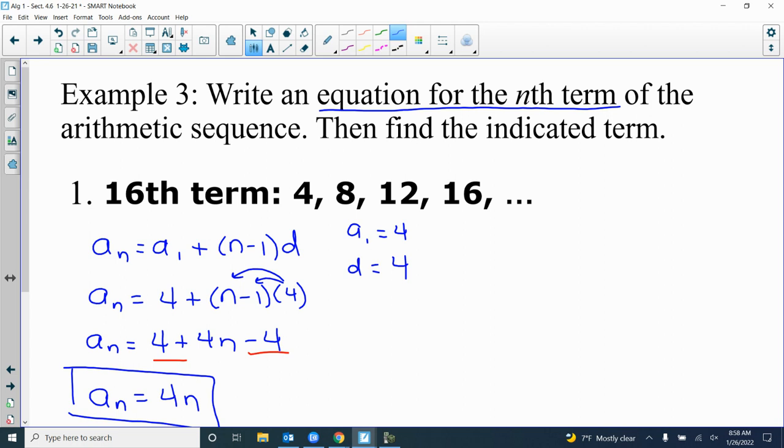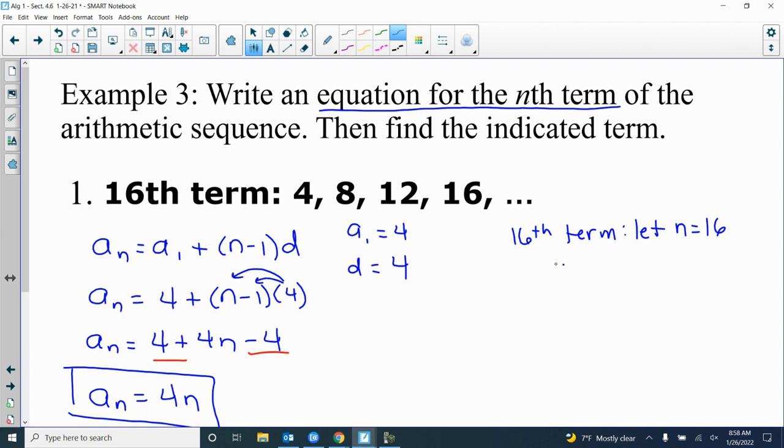All right, what do you think I need to do to find the 16th term once I have that equation? Any idea, Damien? Just switch 16 out, right? Yep, just put in for the 16th term, let n equal 16.